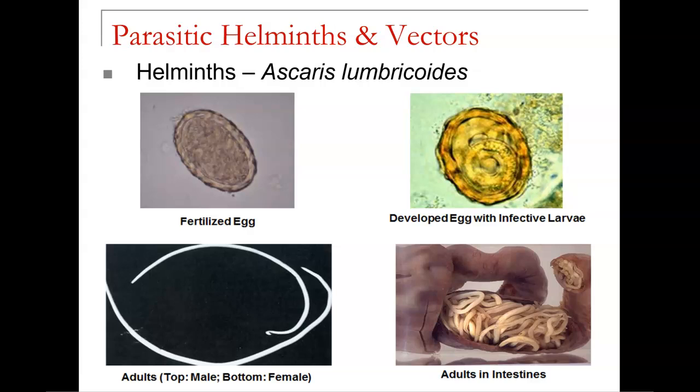So, helminths and vectors. Two reasons these multicellular parasites are going to be included in microbiology. One, the eggs and larvae of immature forms are going to be microscopic. And two, many external parasites are going to be vectors, and they involve the transmission of disease-causing agents, including things like bacteria, viruses, protozoa, and other multicellular parasites.